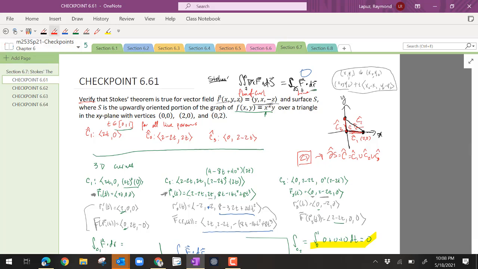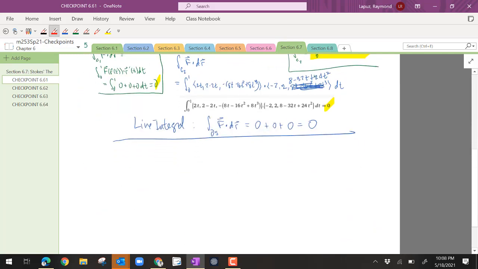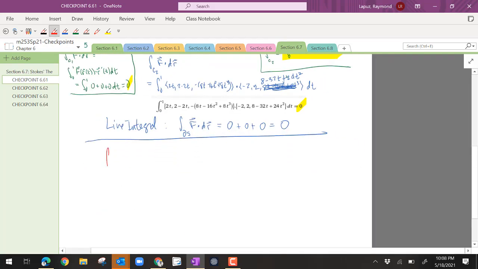Now let's take a look at the flux of the curl. So flux of curl, and that's the double integral over the original surface. And that would be the curl and then into the flux formula.